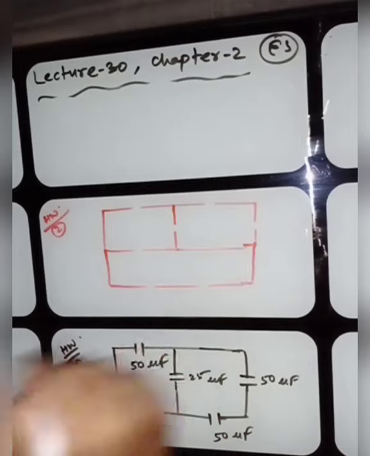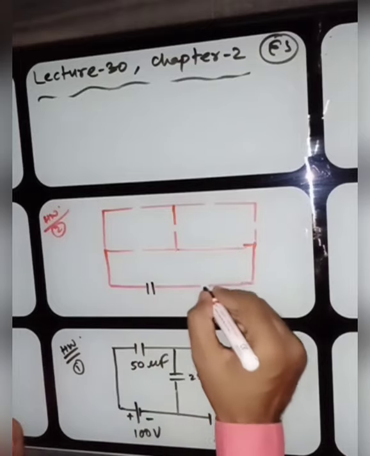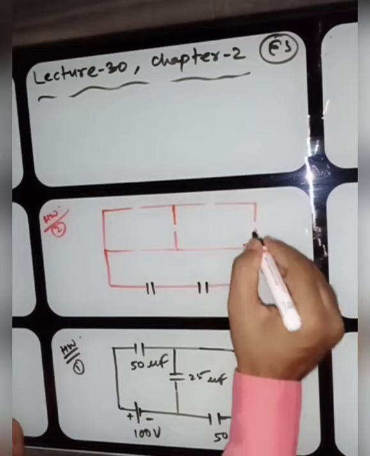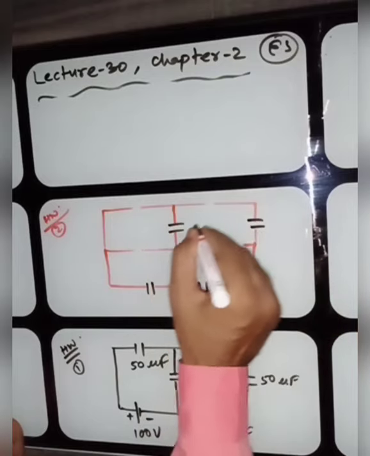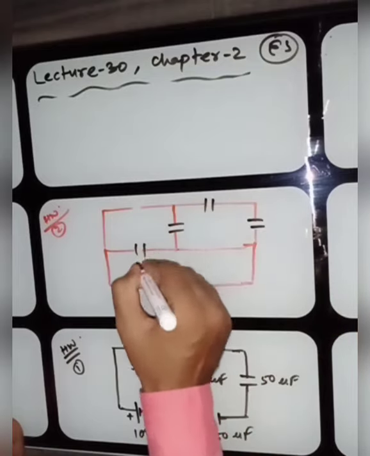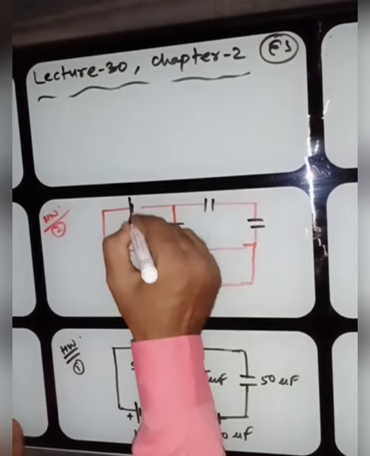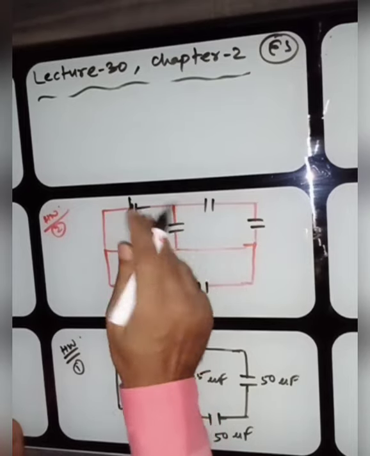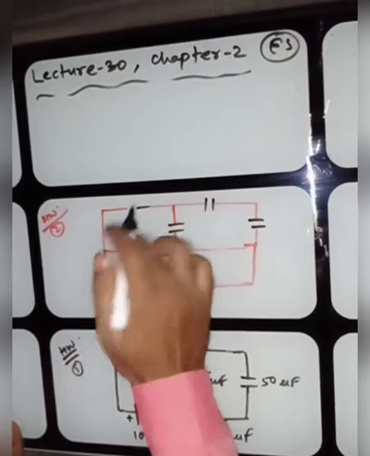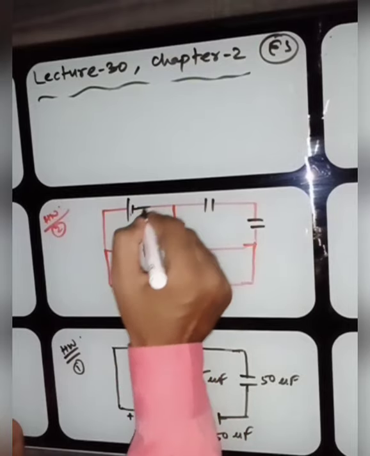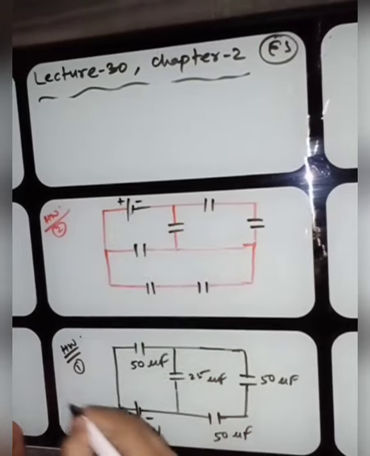Capacitor, capacitor, capacitor. This is also a capacitor, capacitor, capacitor, capacitor. Okay, battery. This is the battery. This is the positive terminal and this is the negative terminal.